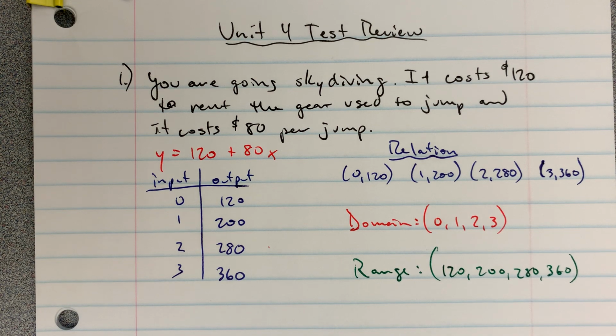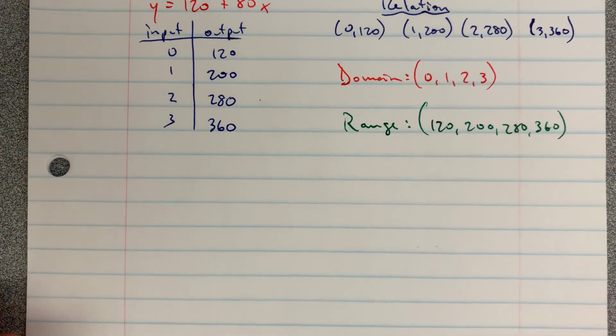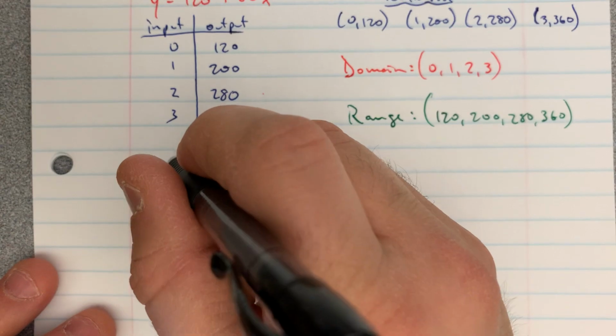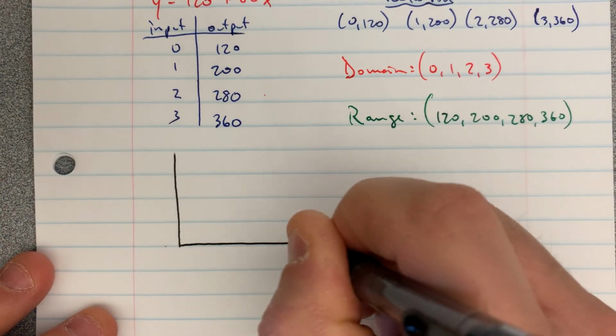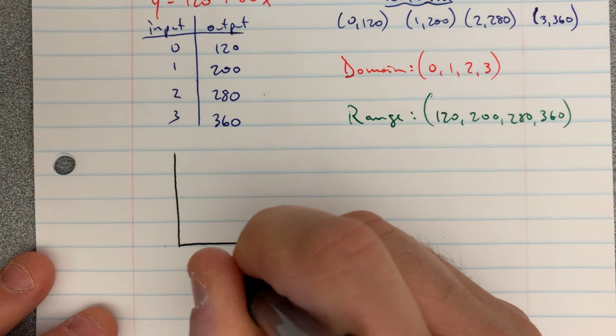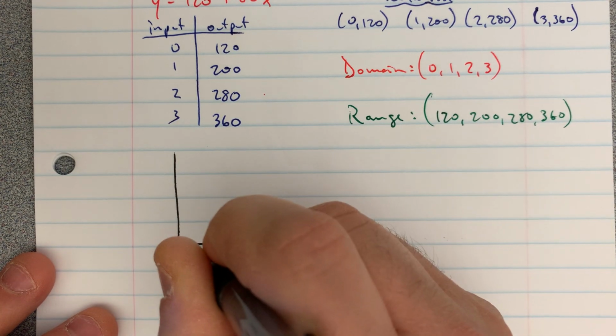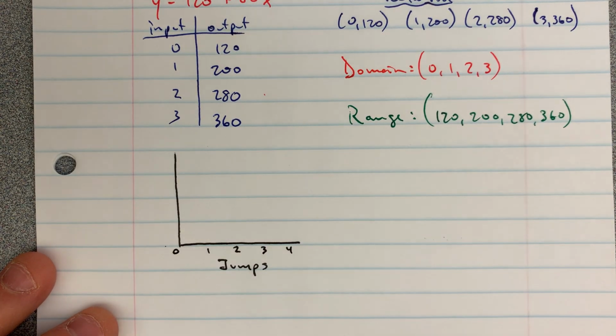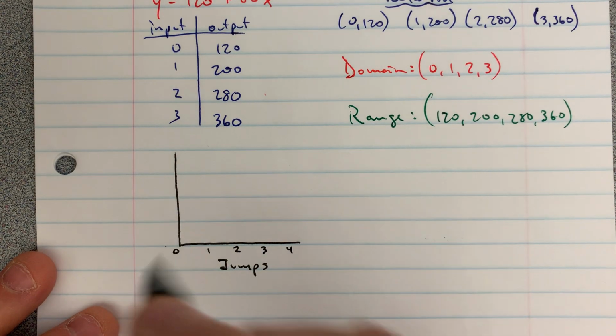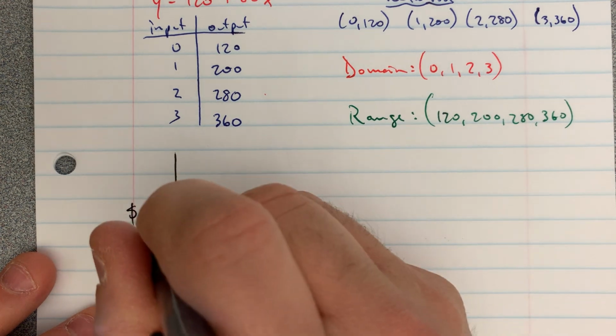All right, let's graph it. It doesn't have to be perfect, it's no big deal. We'll label the bottom as jumps and go by ones. And then on the other side, let's do money and go by hundreds.